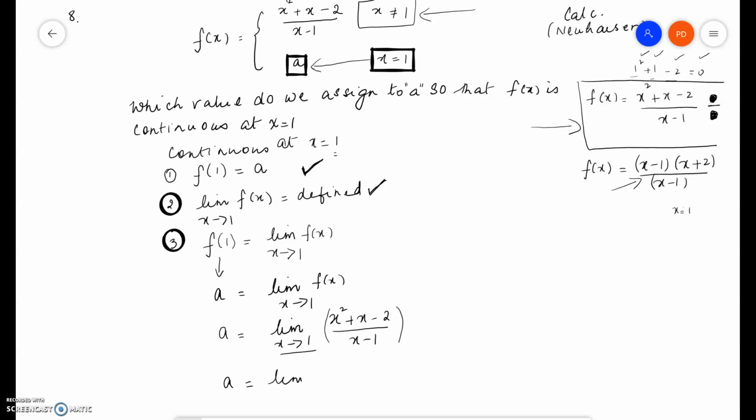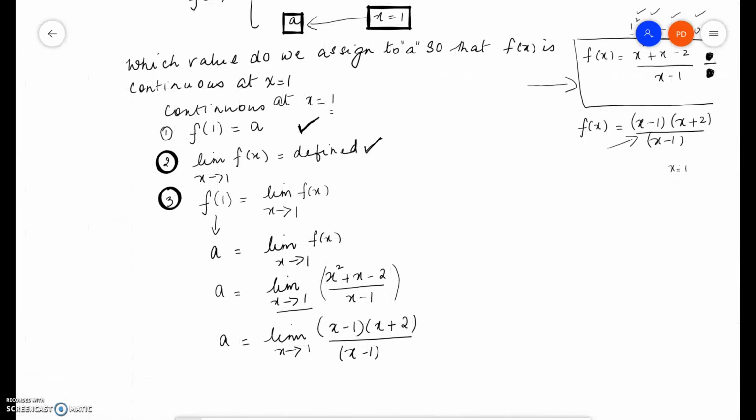So let's write this down. The limit as x approaches 1 of (x minus 1) times (x plus 2) divided by (x minus 1). Remember that x is approaching 1 but not equal to 1.